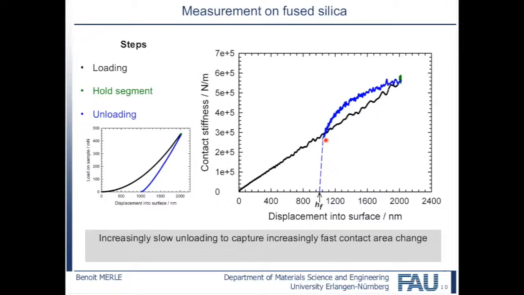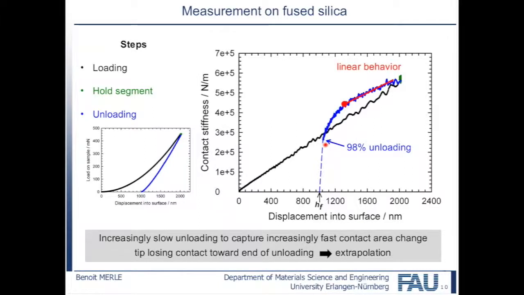As you can see on this plot, it is not possible to get the stiffness signal for the very last moment of the unloading, after 98% of the unloading, because the indenter loses the surface. Another interesting observation is that the very beginning of the unloading looks pretty linear, and this is indicative of a purely elastic deformation, and I will come back later to that.